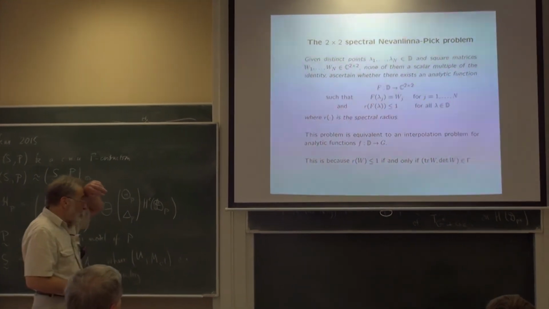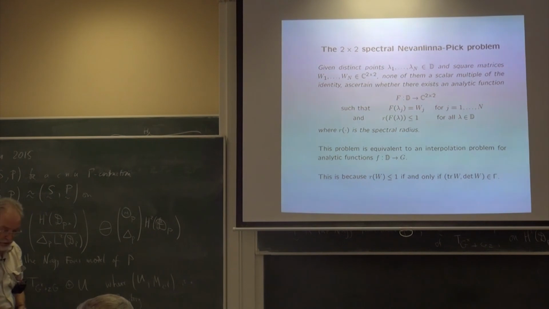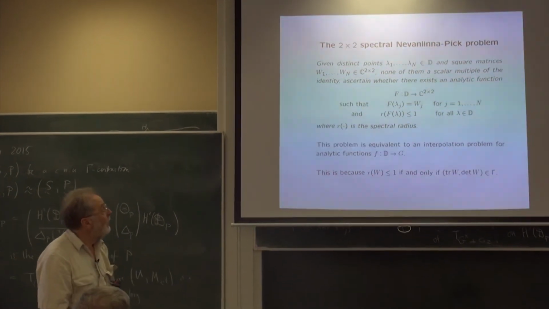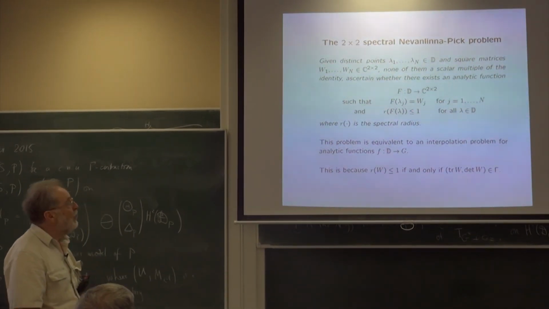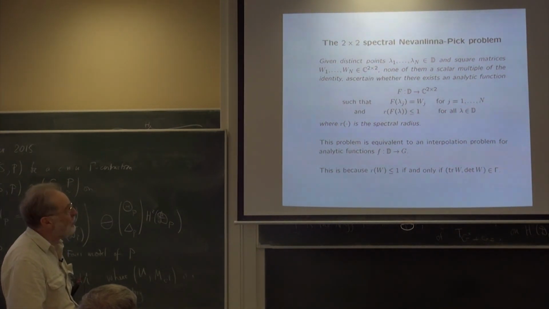So here's an example of an interpolation problem that is of interest to control engineers: the 2x2 spectral Nevanlinna-Pick problem. You're given some distinct points in the disk and some targets which are 2x2 matrices, W1 up to Wn.